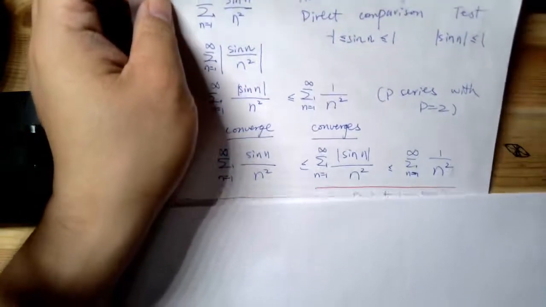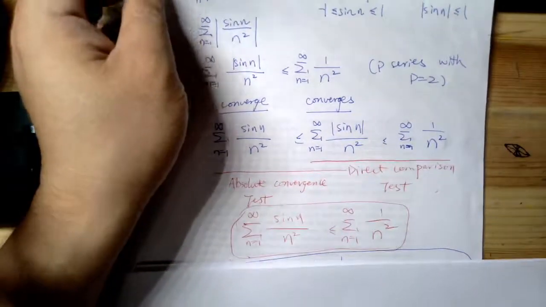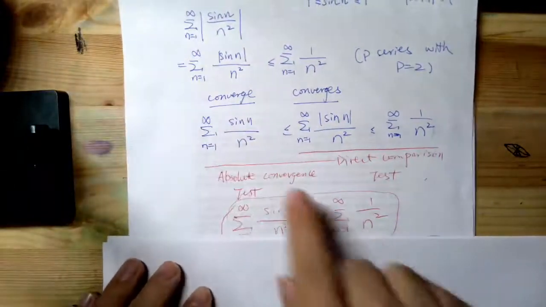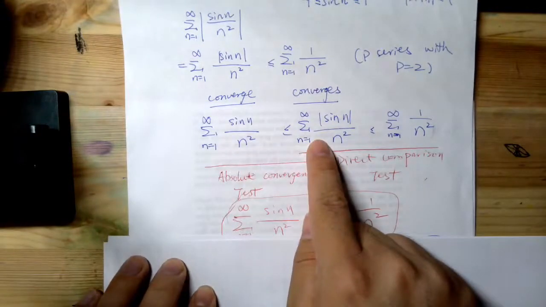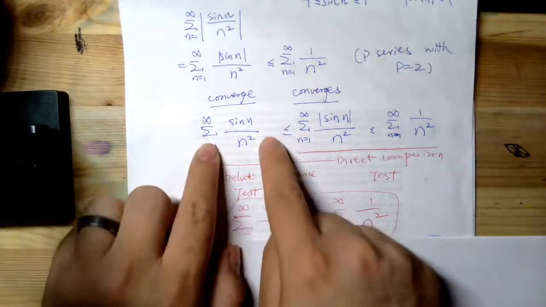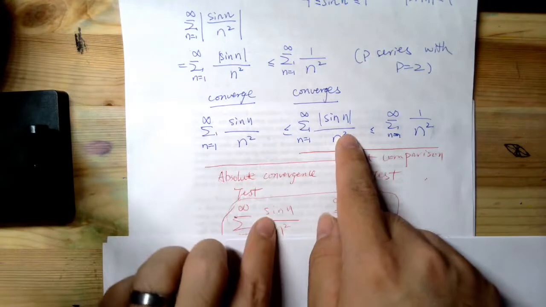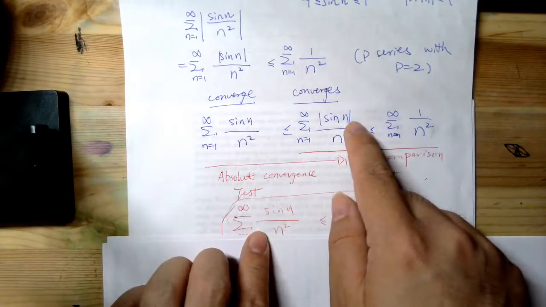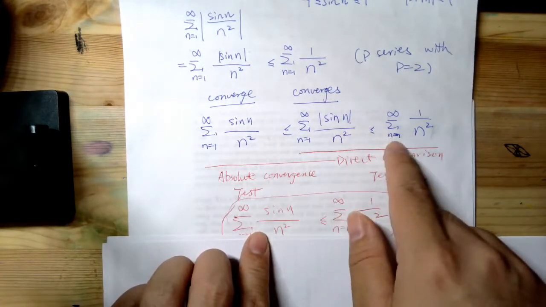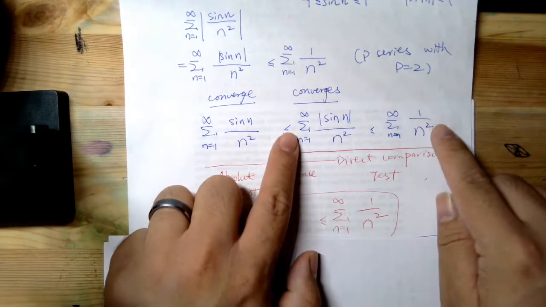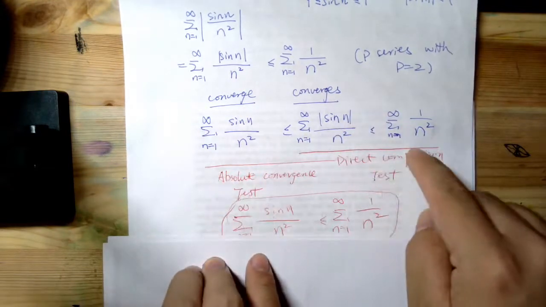Just to let you know the flowchart: from here, we got this by putting an absolute value here. Based on the property of the sine function, we construct this inequality. For this inequality, we use the direct comparison test.